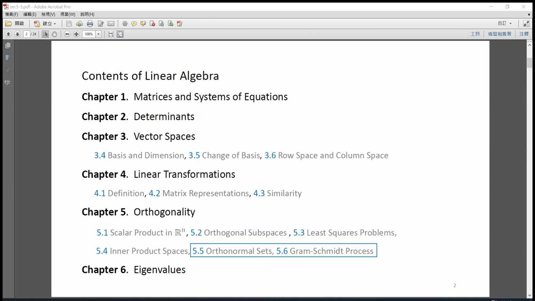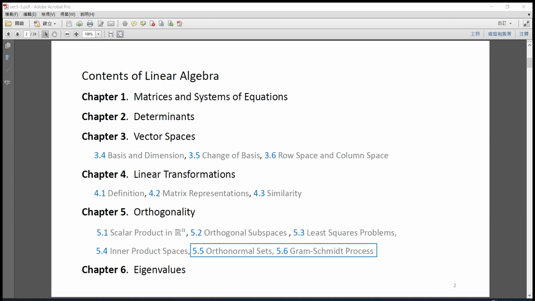In the previous week, we have covered some results in section 5.5, and in this week we will finish this section. Section 5.5 introduces the concept of orthonormal sets. An orthonormal set is a basis of mutually orthogonal unit vectors.